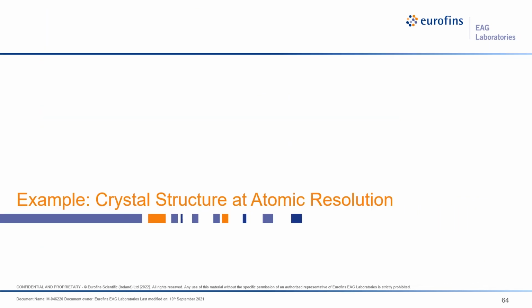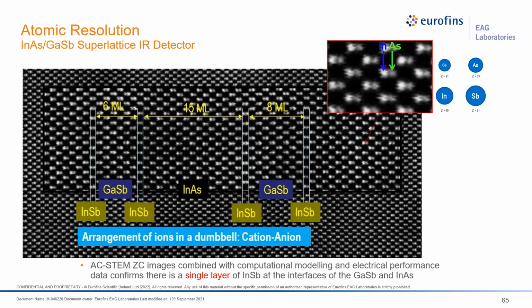All right, so of course you can also study the crystal structure within the so-called body of your film. In this case, it is a complicated infrared light detector, and because of the Z contrast, again, it is mass contrast scanning TEM.